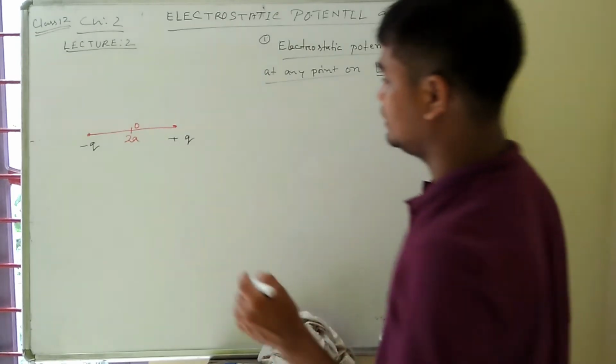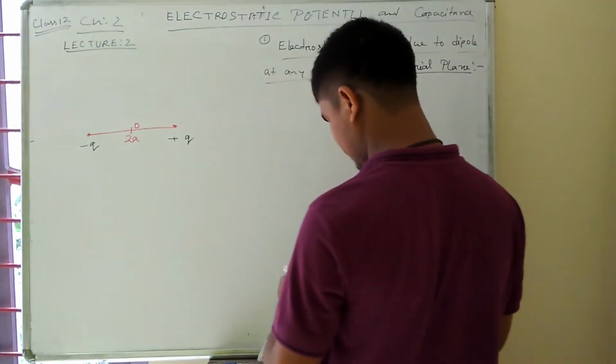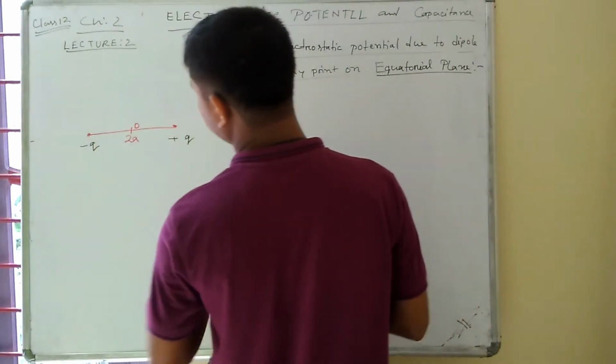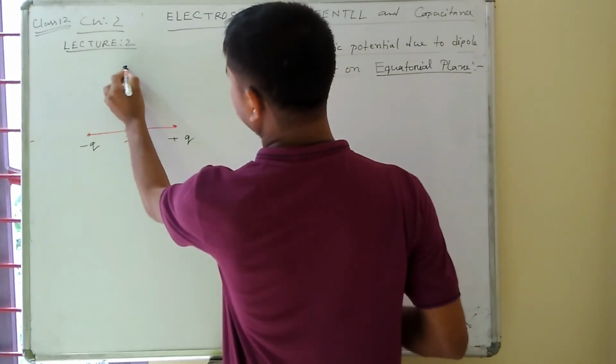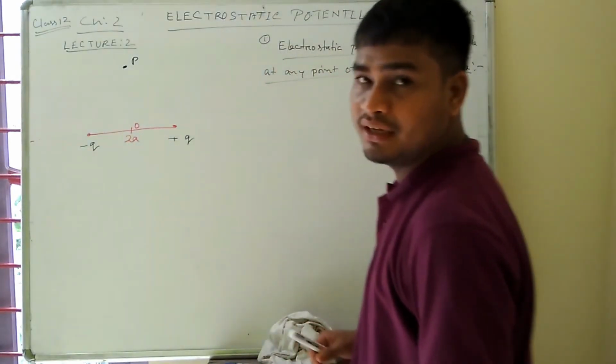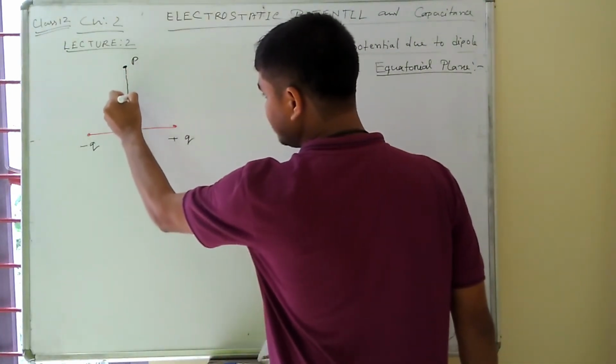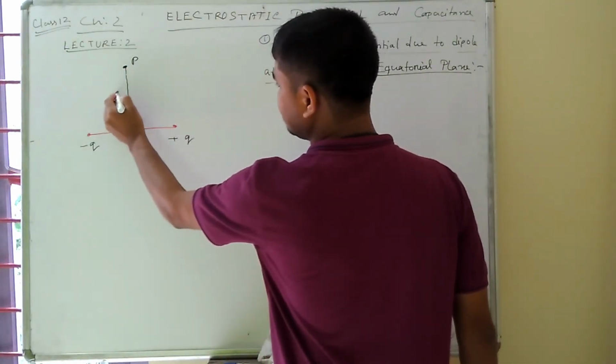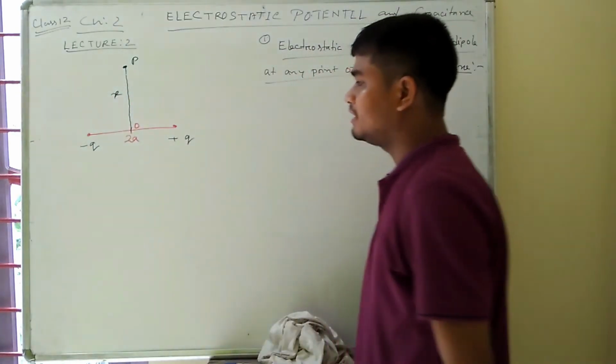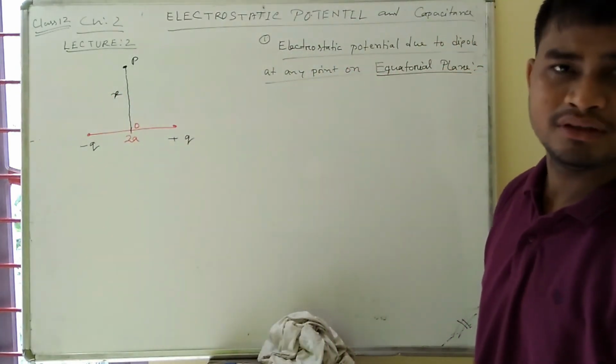Now we have to find the electric potential at any point P on the equatorial plane. Let this be the distance x from the center of the dipole.